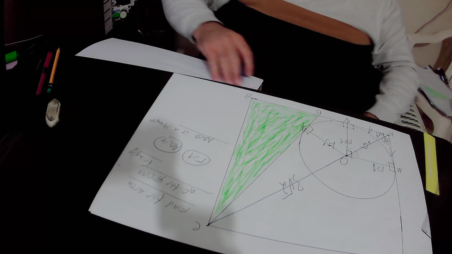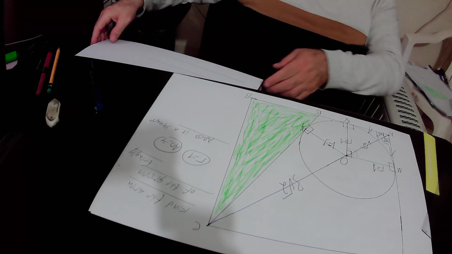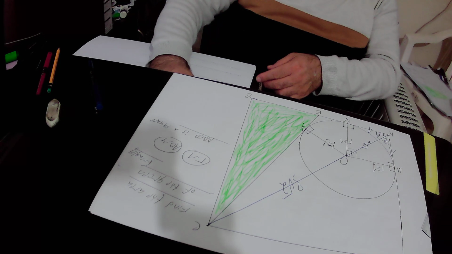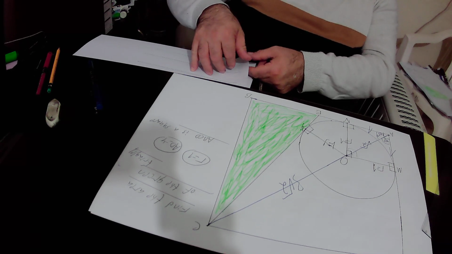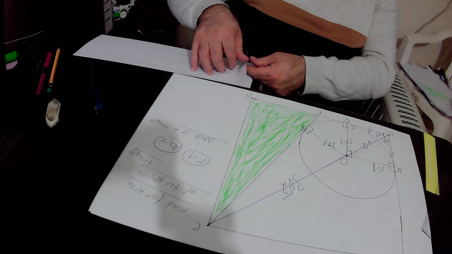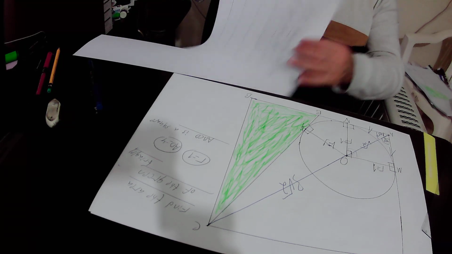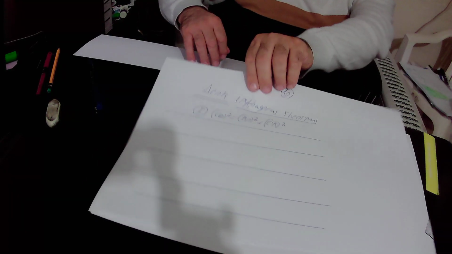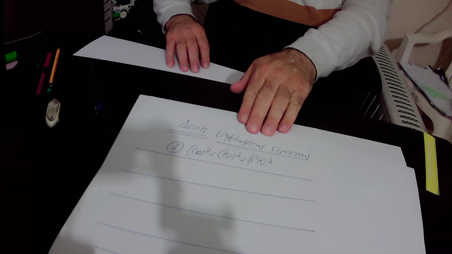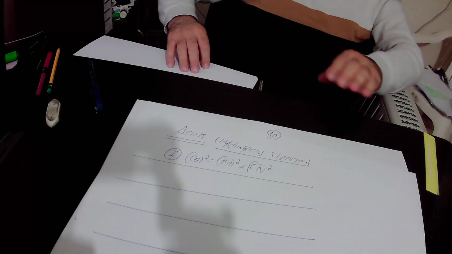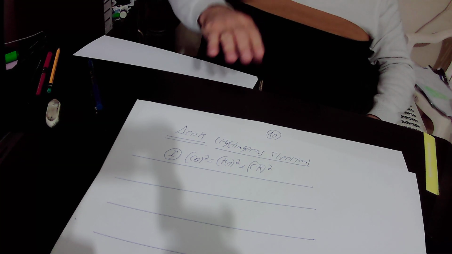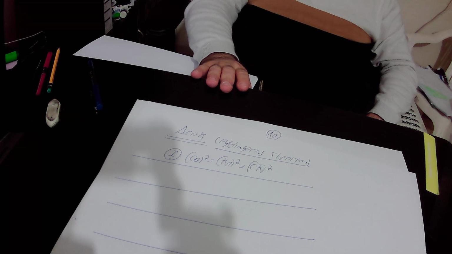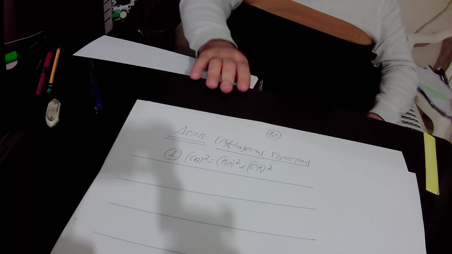So I will repeat again. In the right triangle COK, according to the Pythagoras theorem, the square of the hypotenuse equals the sum of the squares of the perpendiculars. That is to say, CO squared equals KO squared plus CK squared.